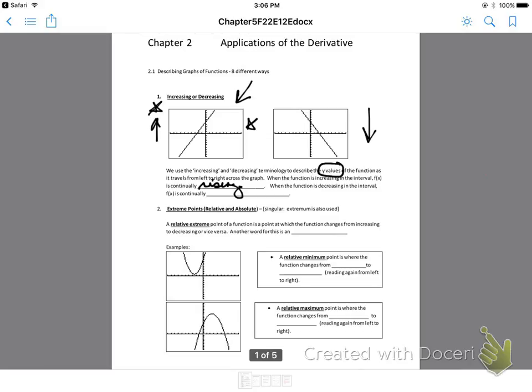Okay, then when the function is decreasing in the interval, then the function is continually falling. All right, so rising and falling, be certain of that terminology, and remember that you're speaking about what is happening to your y values as you move from left to right along the x-axis. So in the next page, we'll do the bottom of this first page of notes.